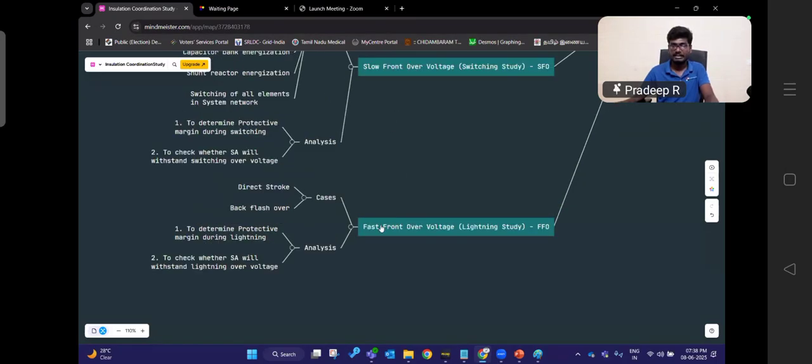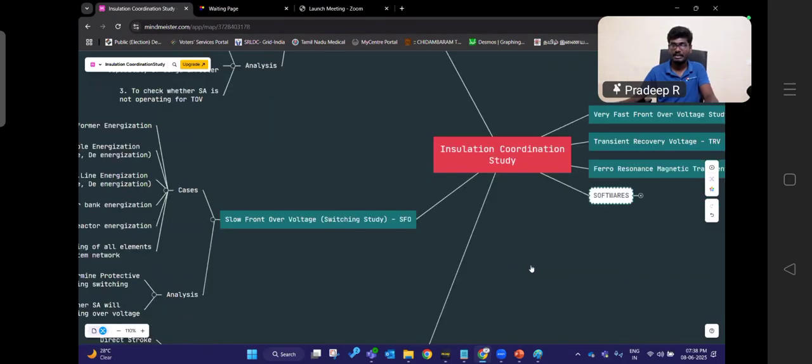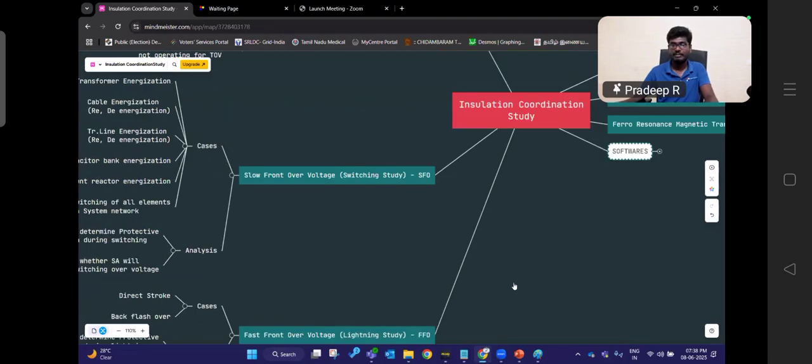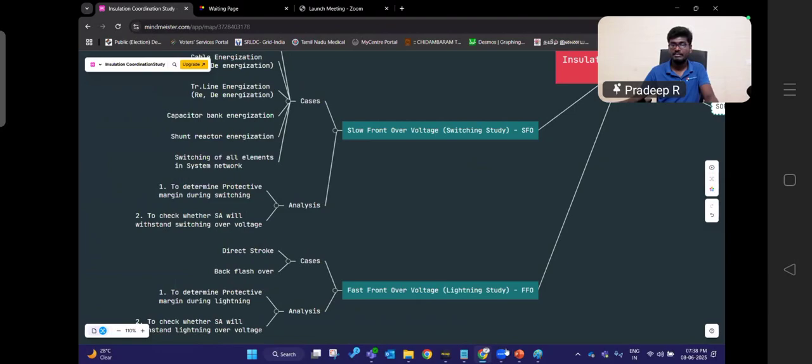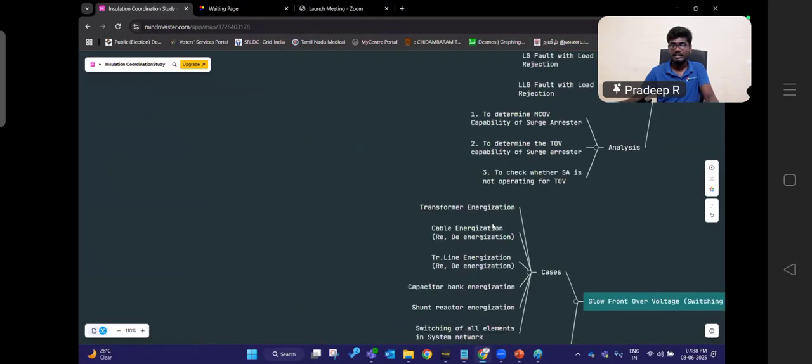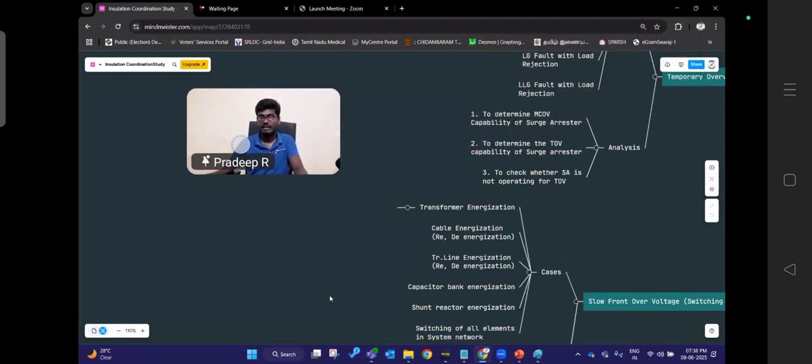These are the first and foremost three studies we perform for our insulation coordination. In addition to that, sometimes the transformer energization is modeled as a separate case also. Why?